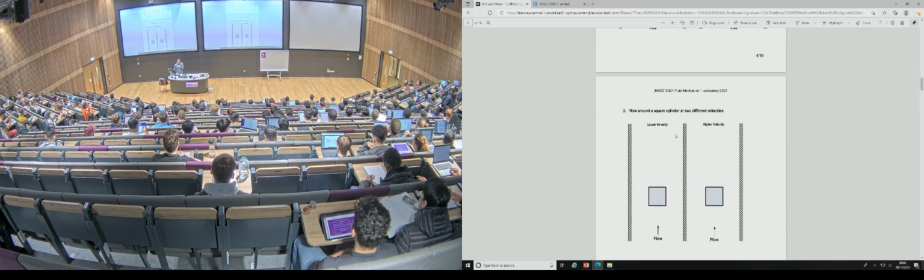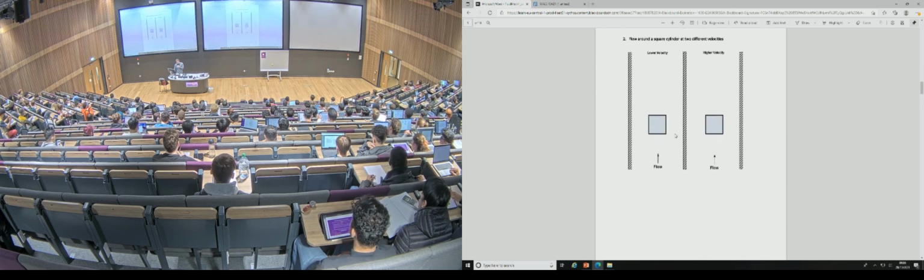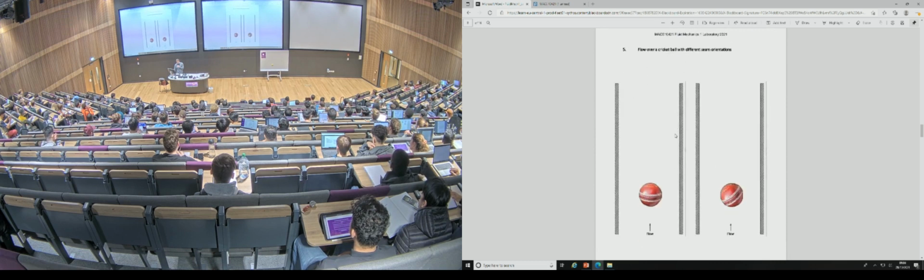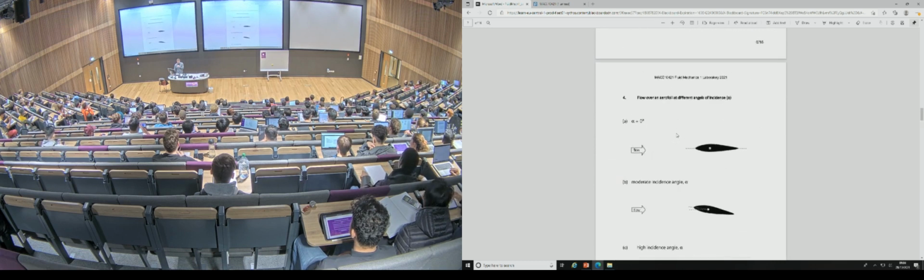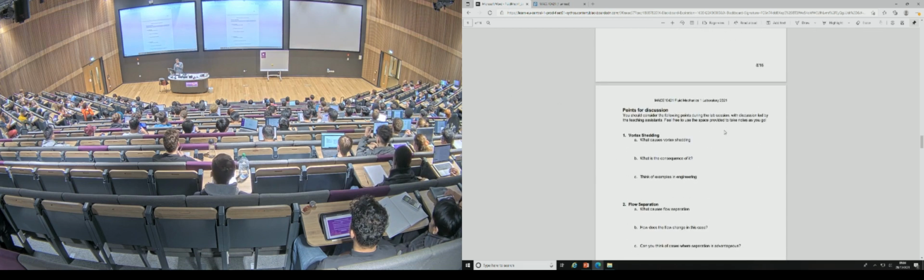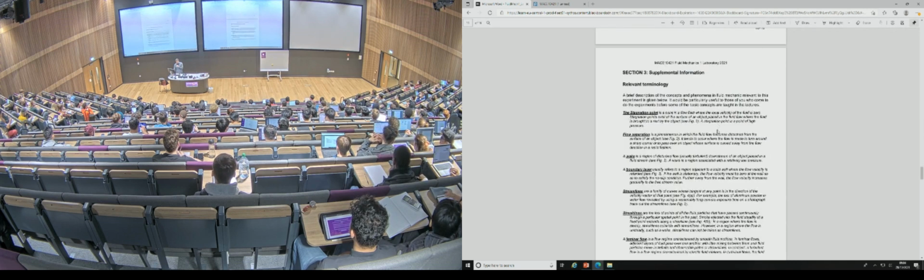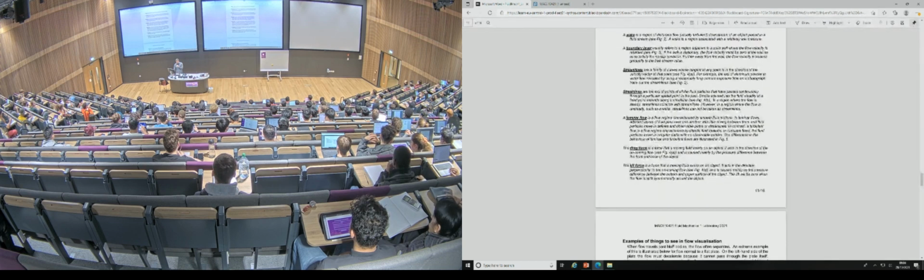Make notes directly onto these, I would say. There's a bunch of diagrams provided for you to sketch, or you can print your own, of course, to make notes of the flow during the lab. These are the kind of things you're going to be testing. And at the end, there's a bunch of questions that you'll discuss as a group at the end of the lab. And there's also some supplementary information.